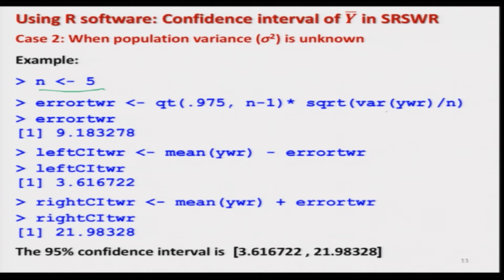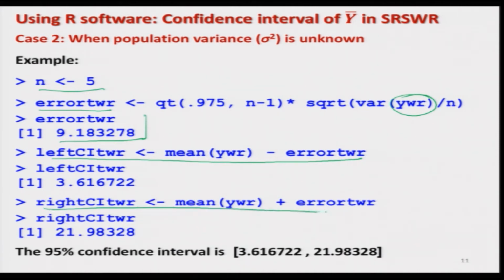I simply give the value YWR in place of y, and I compute the error TWR part, which comes out to be 9.18. Then I use the commands for the lower limit and upper limit of the confidence interval. For this sample, the lower limit comes out to be 3.67, and the right limit of the confidence interval comes out to be 21.98 approximately.